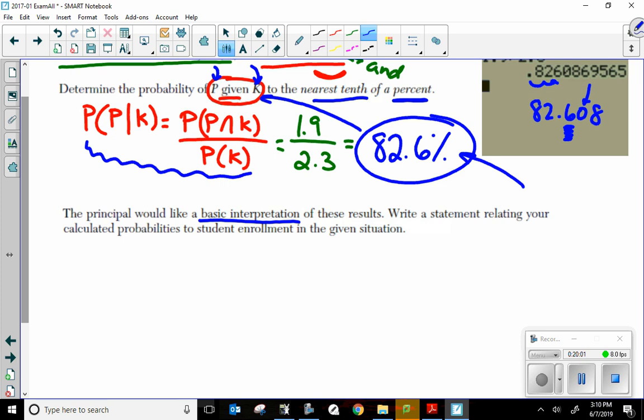But whenever they give you something to pick from, whenever they give you just the Key Club kids, that means our pool to pick from is no longer the entire population. Our pool to pick from is all the kids that were given, which is Key Club.